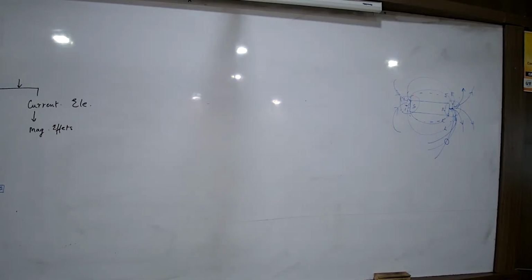What are the properties? These field lines have a specific shape. What are the words that you should use? Connected from North Pole to the South Pole. Okay, very good. Directions. They never intersect. Yes. What else? Both the poles have equal strength. It is a vector quantity. Vector quantity. Fine.